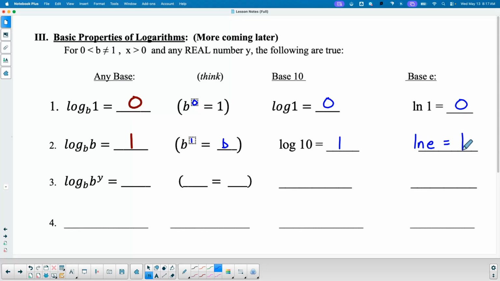We just did that one on the last slide. Log base b of b to the y power is equal to y, because b to the y power is equal to b to the y power.